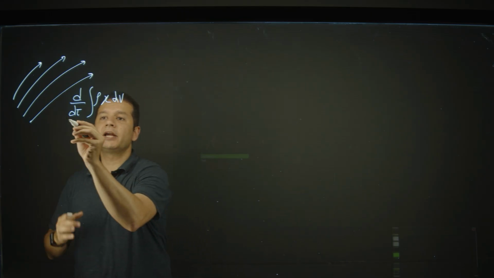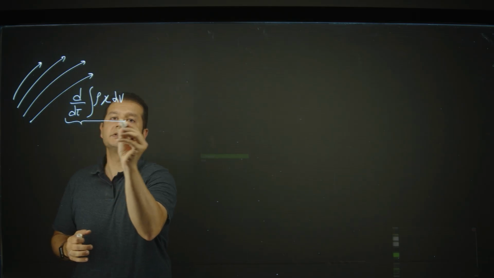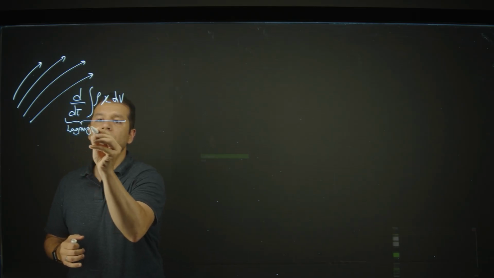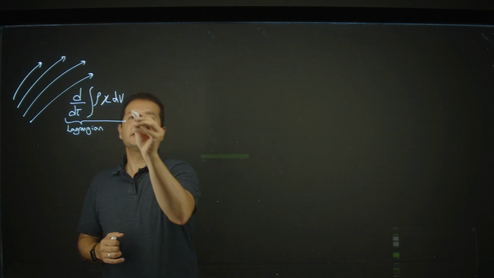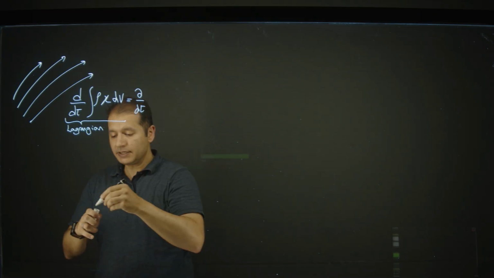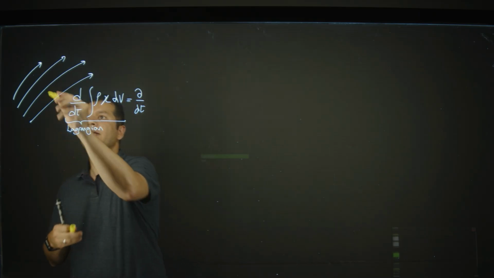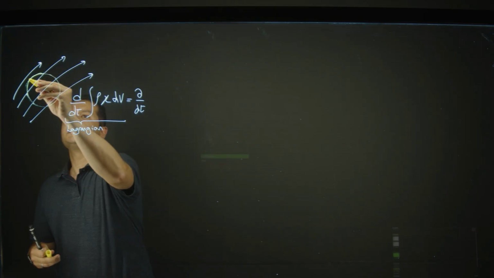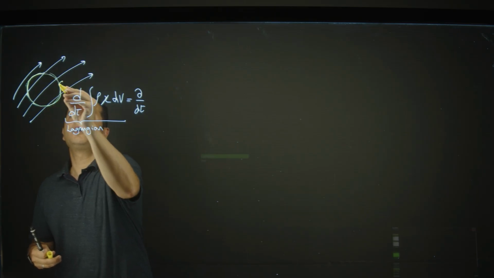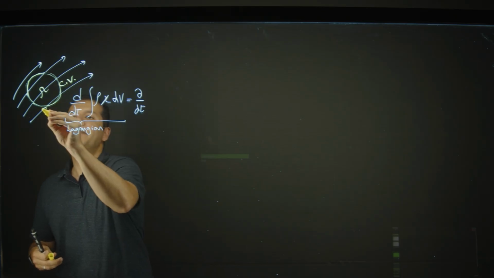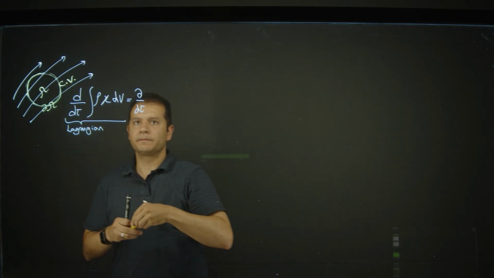That's the total change of my conserved quantity in the Lagrangian system. That is equal to change over time at a fixed control volume that the Eulerian system uses, and that is a fixed control volume, and we call the volume of it omega and the boundary of it partial omega.